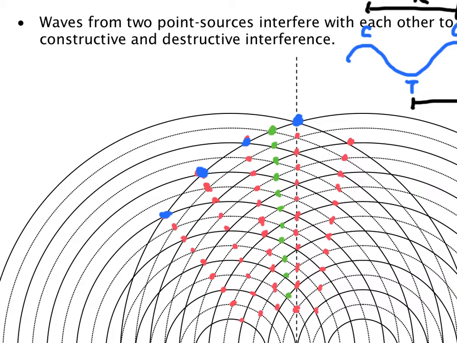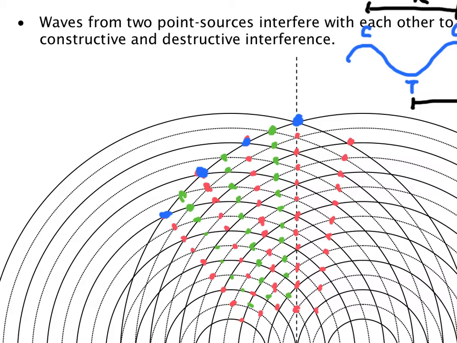As we said before, whenever a crest and a trough meet, you're going to end up with a canceling of waves, or an area of destructive interference. This seems to happen in a couple of places, and they all happen to be, once again, equidistant. So here's another area of destructive interference, and yet another one, and so on and so forth.